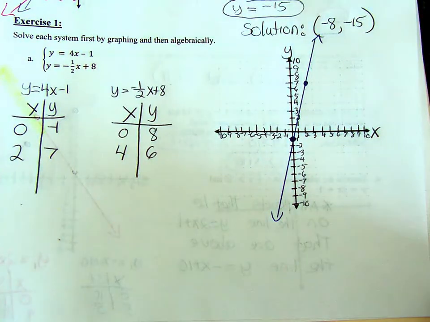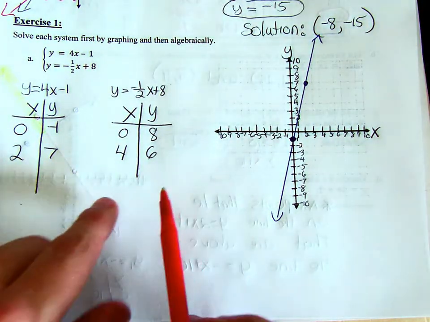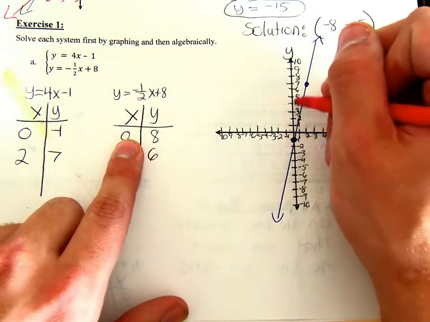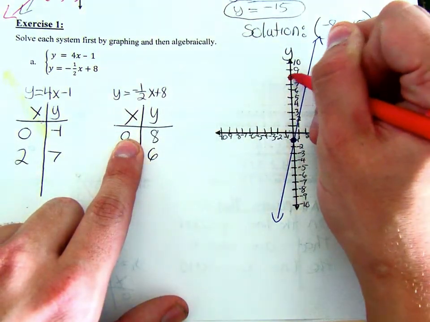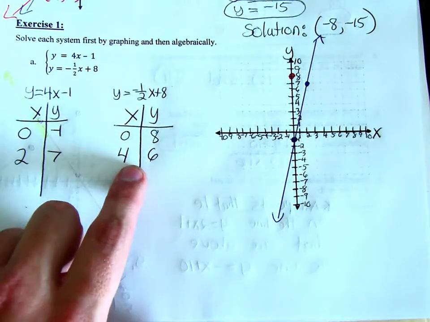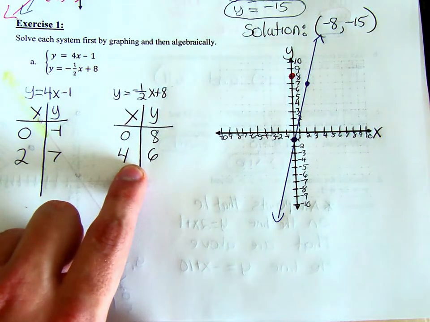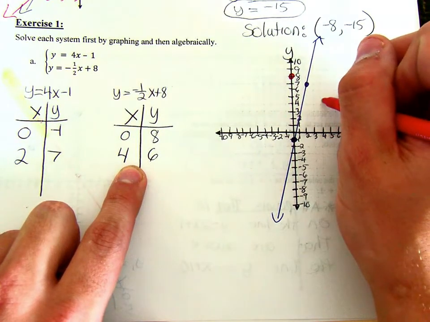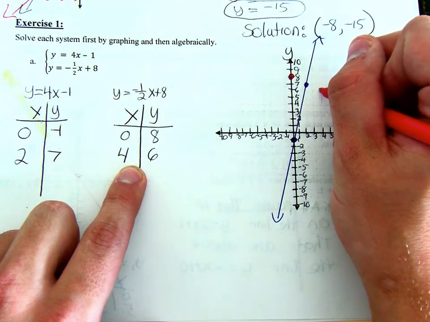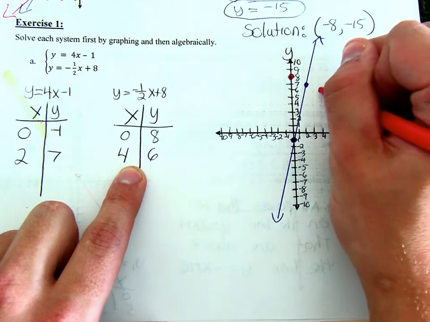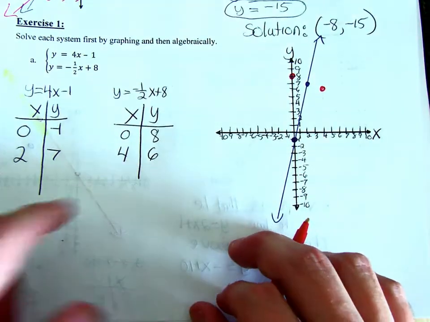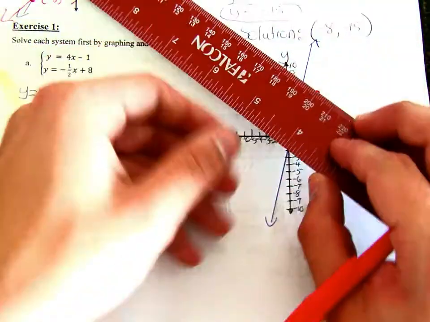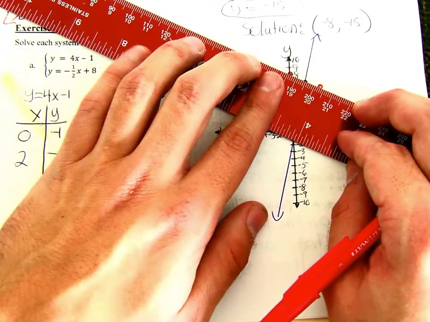Then I'm going to graph my second one. So I'm going to graph 0, 8. And I'm also going to graph 4, 6. So if I go over 4, up 6. And then I'm going to connect my points with a line.